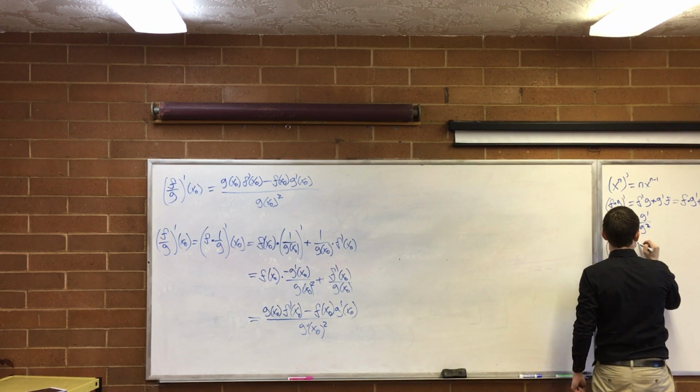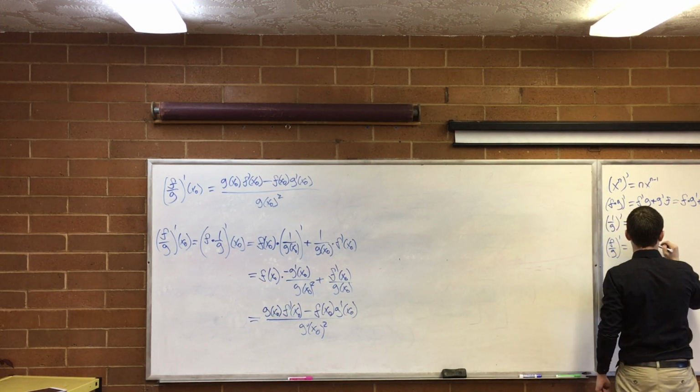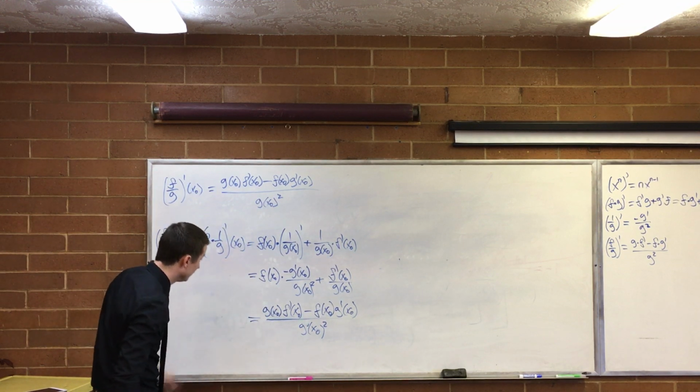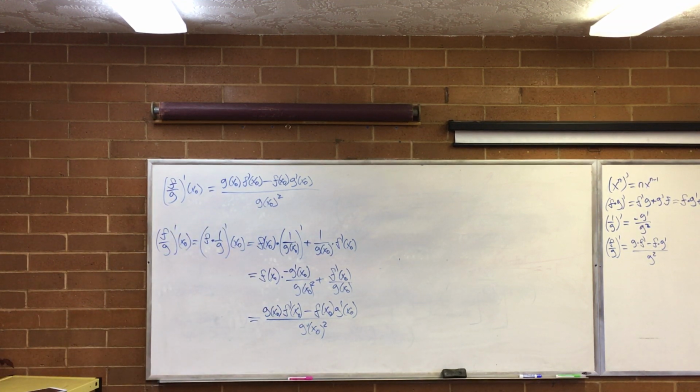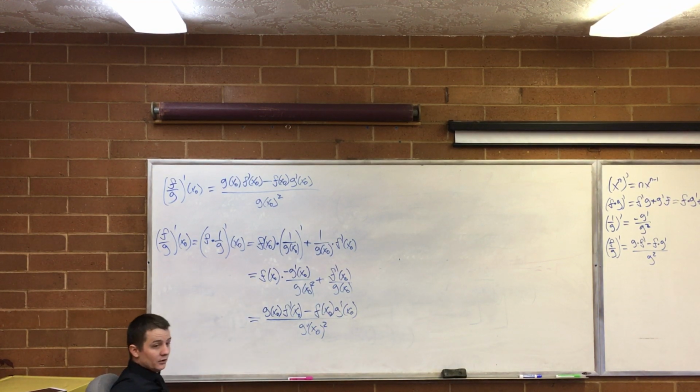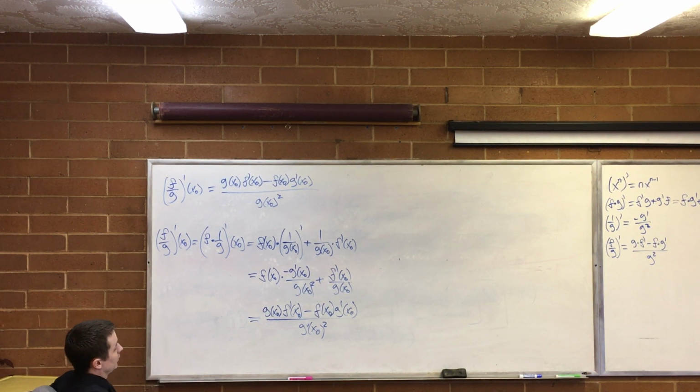Wait, how did you get a common denominator again? I multiplied this top and bottom by g of x naught, and I wrote that term first. And you flip the minus sign around. I pulled the minus sign out front. That seemed right though. What seems weird? You pulled the minus sign out front, but how did it get there?